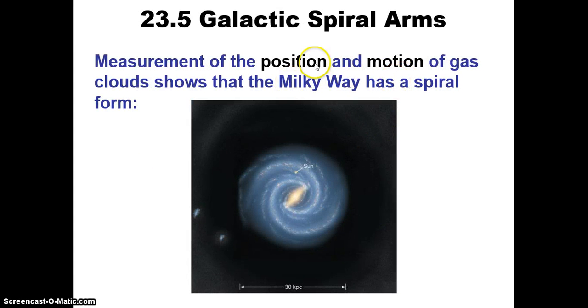Let's see, measurement of the position and motions of the spiral. Okay, so there's where the sun is. This is an artist's rendition. Just keep in mind, the other spiral galaxies have different sizes, but ours has a diameter of approximately 30,000 parsecs, 30 kiloparsecs.